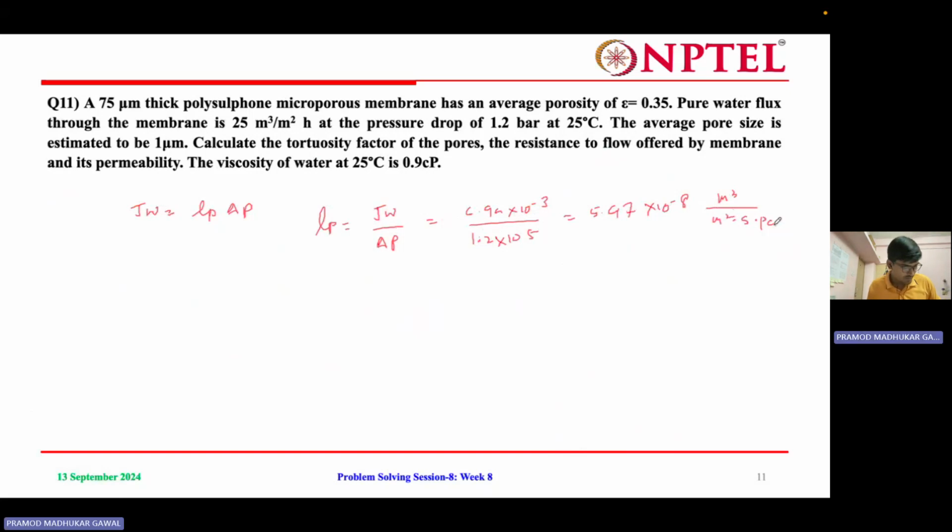Now laminar flow through the pores has been assumed in the above calculation. So this may be easily established by calculating the Reynolds number. So Reynolds number is equal to d u rho by mu. Here the velocity is 6.94 into 10 to the power minus 3 meter per second and density 998 of water.